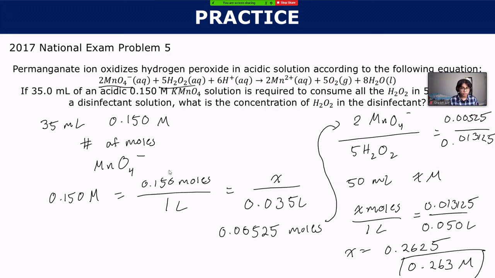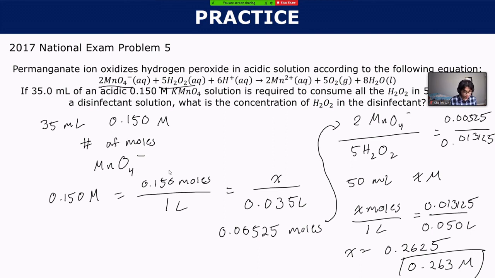So let's review what we did in this question, right? We took the milliliters and the molarity that were given to find the number of moles of permanganate ion. We used that number of moles to relate that to the number of moles of H2O2 that we need.